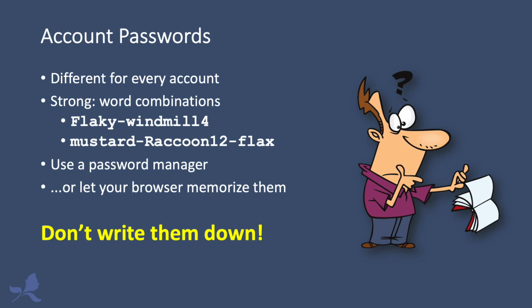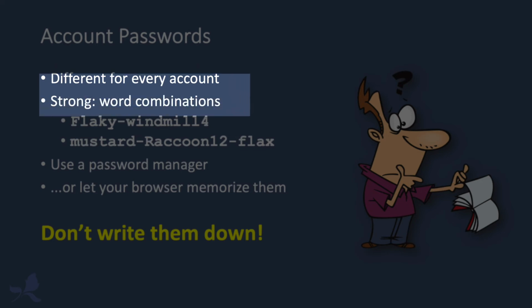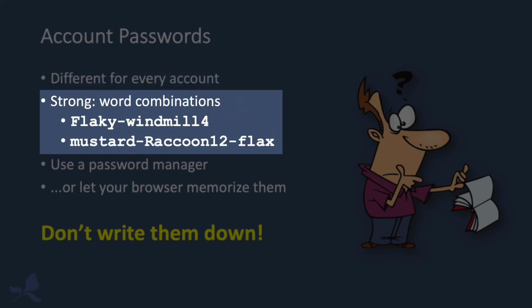As we saw in the earlier part of this tutorial, you must use a different password for every online account, certainly for those accounts that house sensitive information. The most effective passwords have proven to be those that include at least 2 unrelated words separated by a special character, like a hyphen, a slash, a hashtag, and so on, and at least 1 uppercase letter and a number or 2.